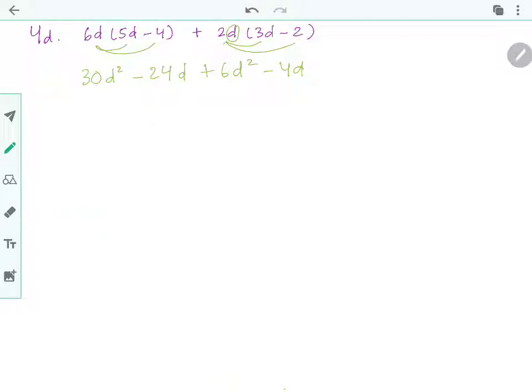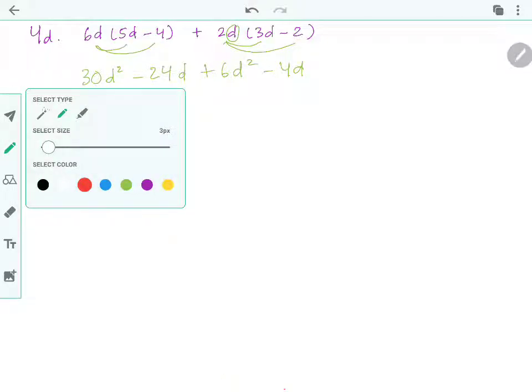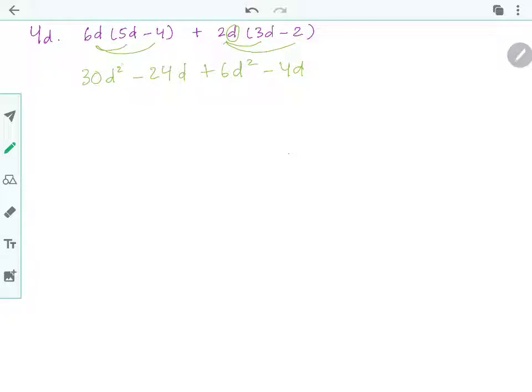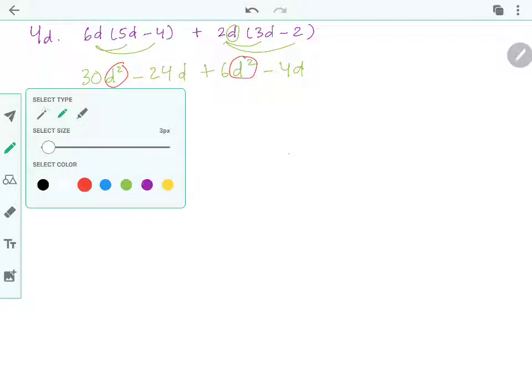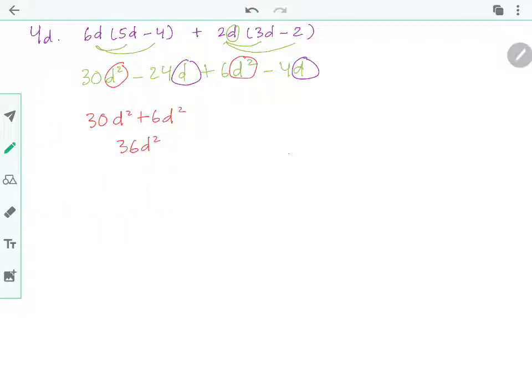Now, what you need to do is find the like terms. I have D squared here, another D squared there. So 30D squared plus 6D squared equals 36D squared. Now let's look at another like terms. I have D here and D here.